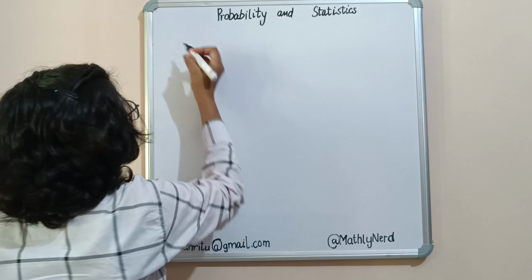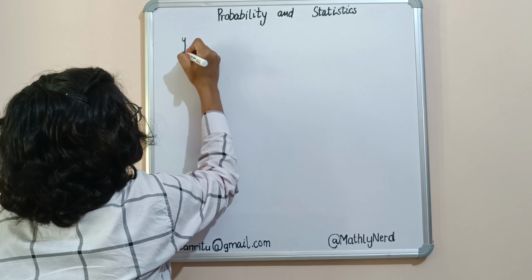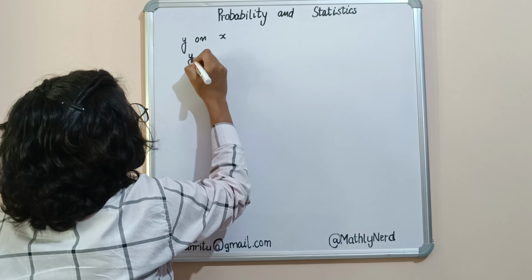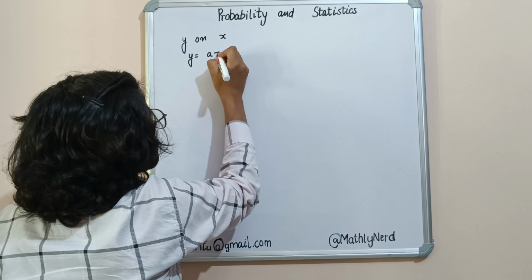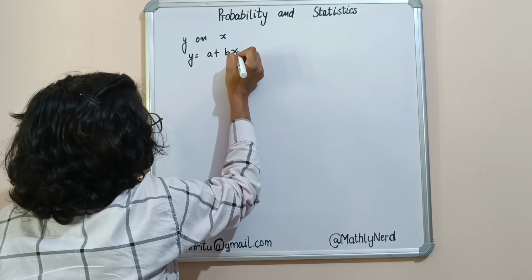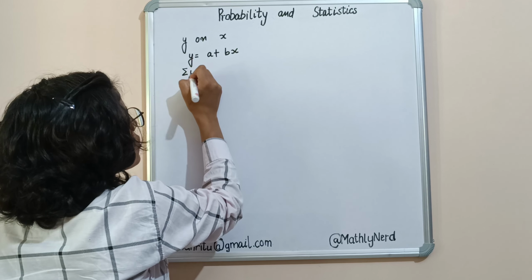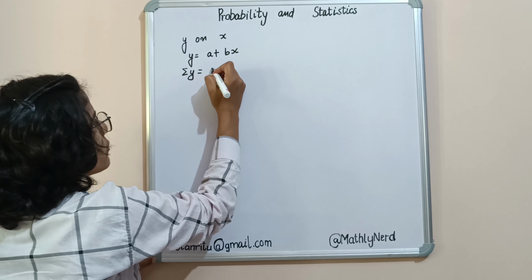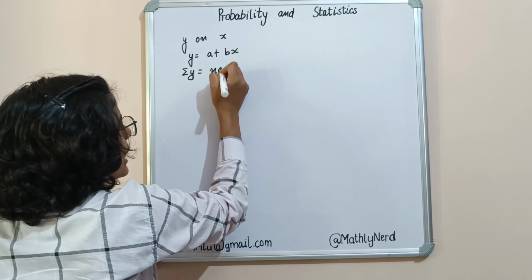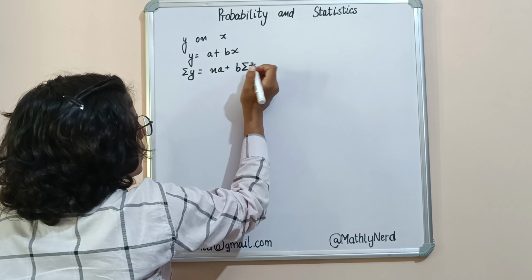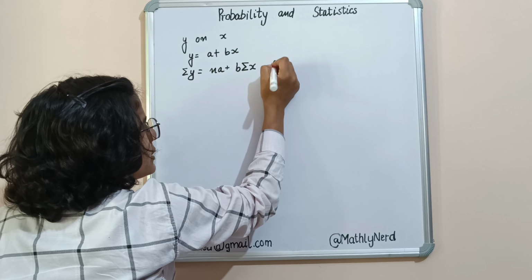As we have learned, the regression line y on x is denoted as y = a + bx, and as we know, if we take summation on both sides, summation y = na + b summation x, which was our equation 1.